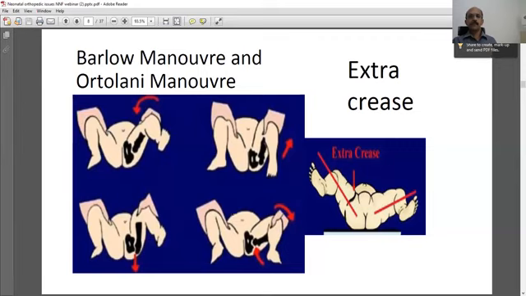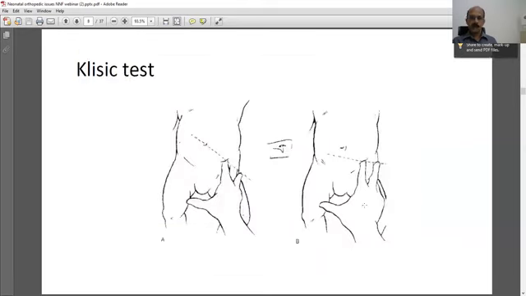Next, other signs of hip dislocation for DDH are all quite important as a collective to guide our thought process, but not individually diagnostic. An example would be an extra crease, which we can see here. Another test is called Klisic test.